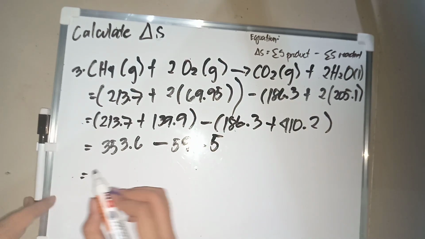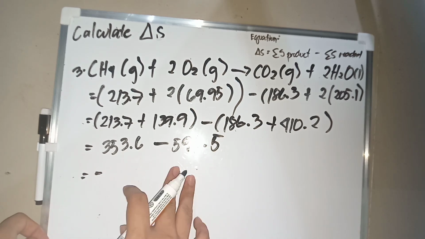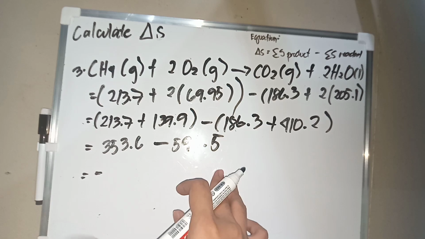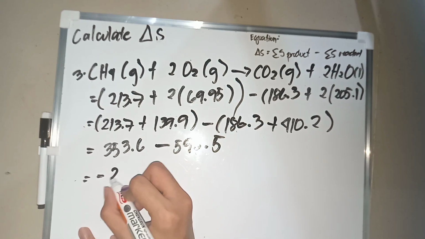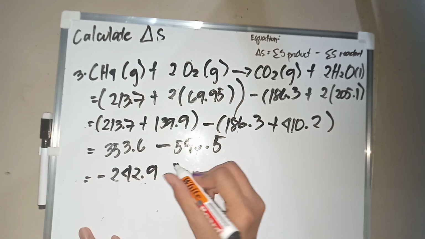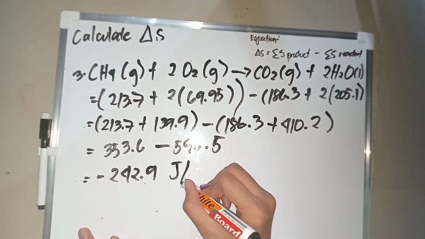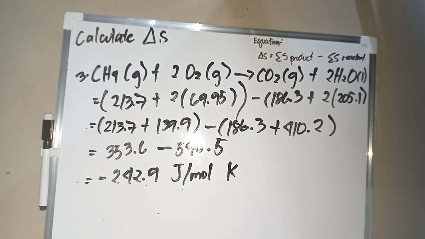So we're gonna subtract the two. We're gonna get 353.6 minus 596.5 is equal to negative 242.9 joules per mole Kelvin.